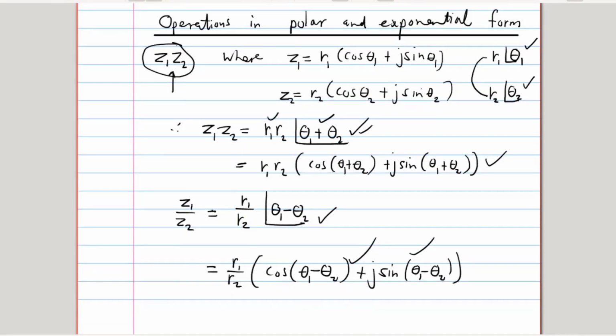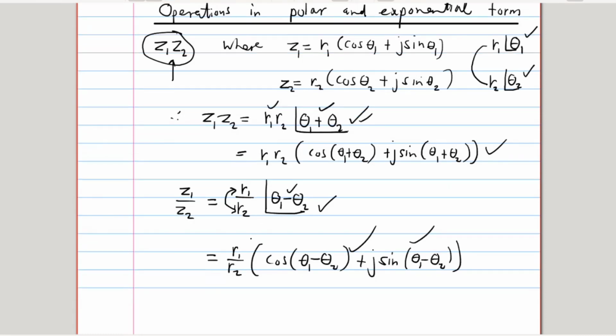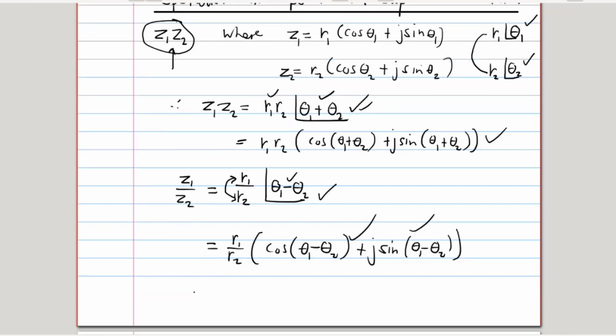With division of two complex numbers, you divide the two moduli, you get the quotient of the moduli, and you subtract the bottom argument from the top argument, okay? Theta 1 minus theta 2. So that's important to bear in mind, okay, guys? Right, so just try and remember this part, or let me write it down again. And then it's fine, okay?